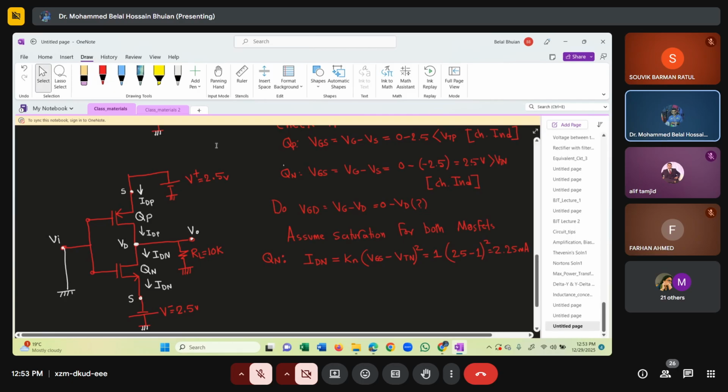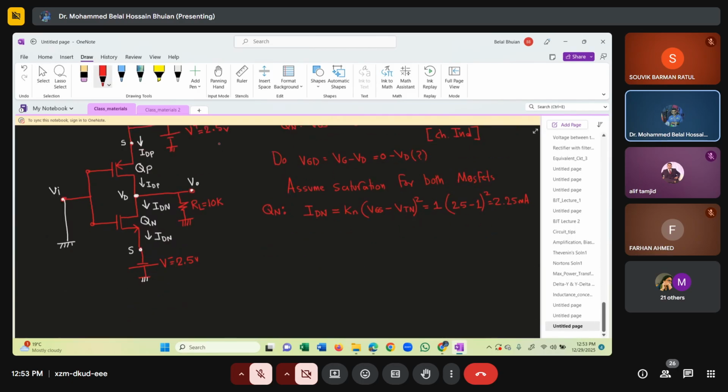Similarly, what is the current for QP? IDP, which is KP times (VGS minus VTP) whole square. You see, there is nothing new.